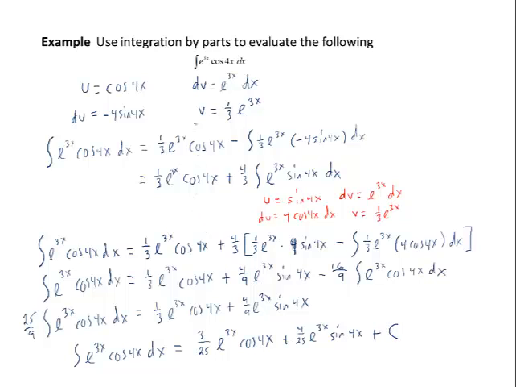So to recap on this problem here, we look at the original integral we started with. We let u equal cosine 4x, dv equal e to the 3x dx. This line right here is the result of our first application of integration by parts. When we simplified the right side, we pulled out a negative 4/3 here and made it plus 4/3.